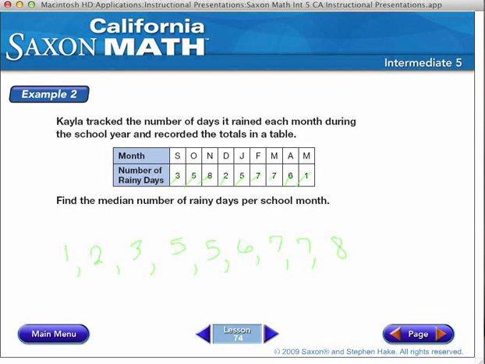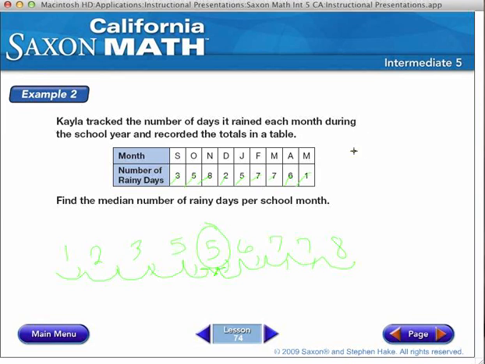Okay, now I'm going to count 1, 2, 3, 4, 5, 6, 7, 8, 9. Okay, so I have 9 data points. So my 5th data point is going to be right in the middle. 1, 2, 3, 4, 5. Because if I count 1, 2, 3, 4, I land on 5. If I start this way, 1, 2, 3, 4, and I land on 5 here.